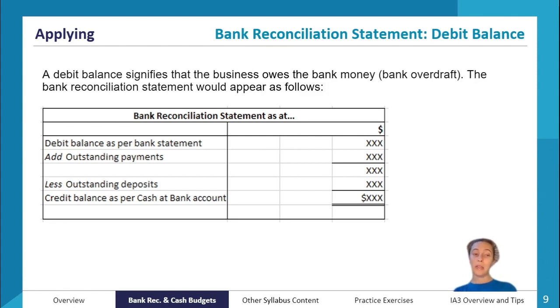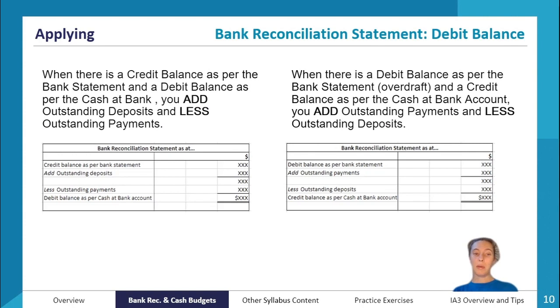Down the bottom, you can see we've got credit balance as per cash at bank account. So you're not going to have the same for each. So if the top says debit, the bottom should say credit, for example. It shouldn't be both debit and debit or credit and credit. In this case, we're adding outstanding payments and we're subtracting the outstanding deposits.